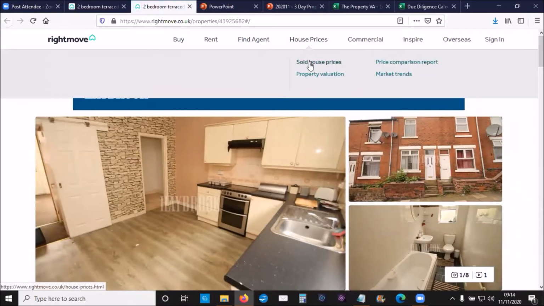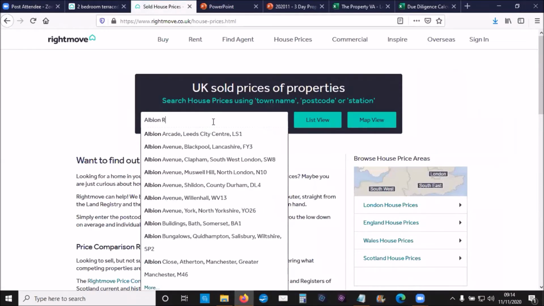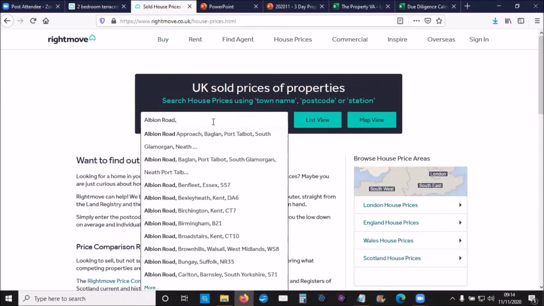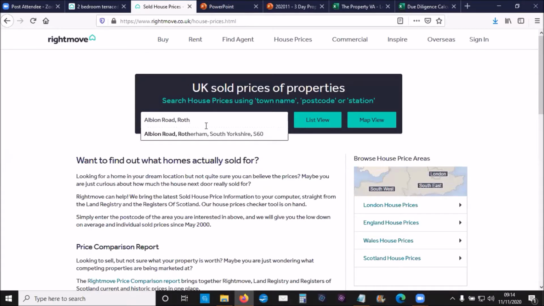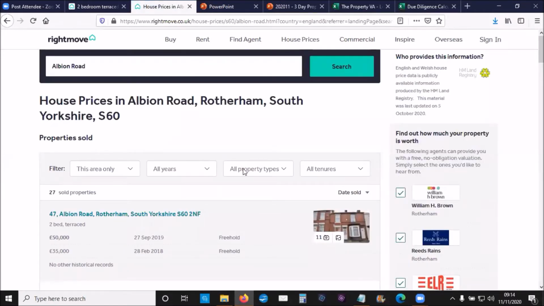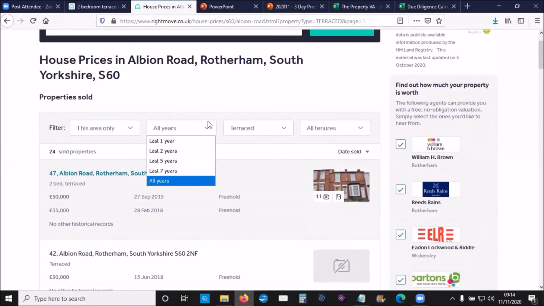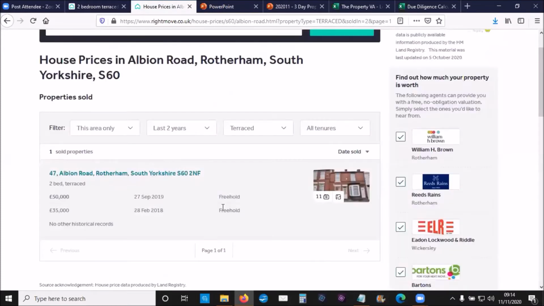So we're going to go sold house prices, and we're going to say Albion Road, Rotherham, and type in list view. And we are going to say just terrace properties. So comparables, we need to do it like for like. We're going to say the last 2 years. Hopefully we'll have enough information.